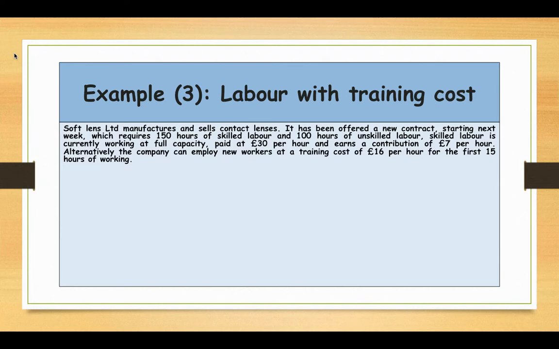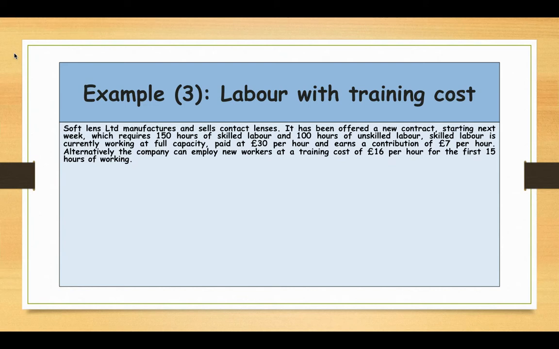Alternatively, the company can employ new workers at a training cost of £16 per hour for the first 15 hours of working. So this says for the skilled labor, they are in short supply, but they have two options. The first one, they can pinch the skilled labor from the usual production. So there will be an opportunity cost of £7. So the skilled labor, if they pinch it from the usual production, it's going to be 30 plus 7, £37 per hour.